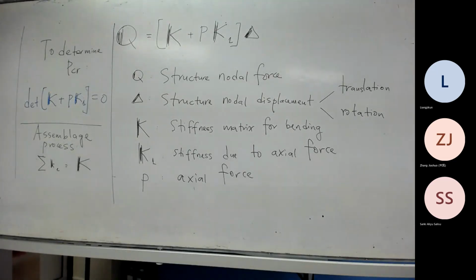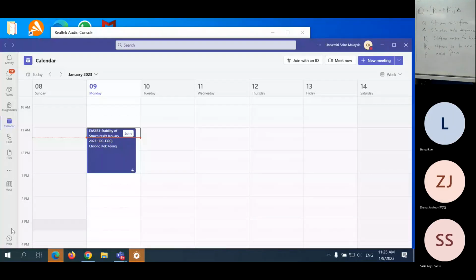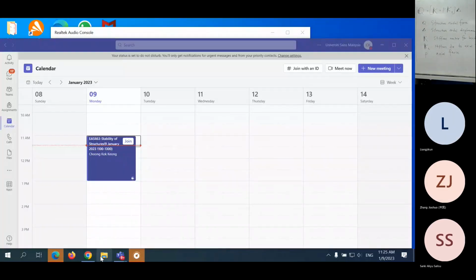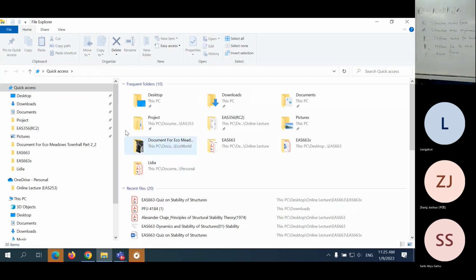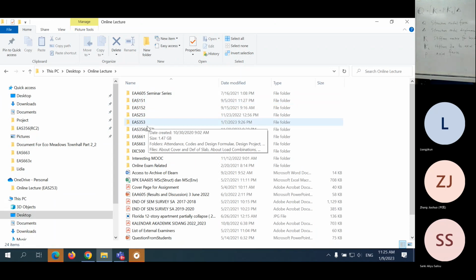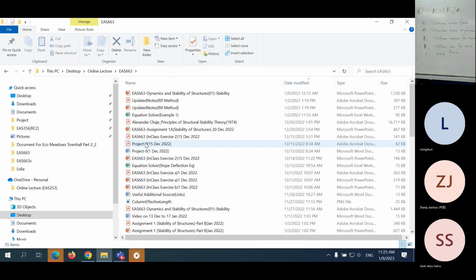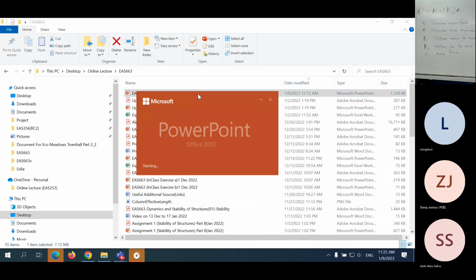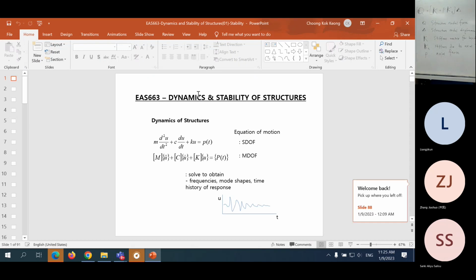So now I would like to continue with the example that we have started. We have already obtained the structure stiffness matrix. We will continue to look at that example, how to consider the support conditions.